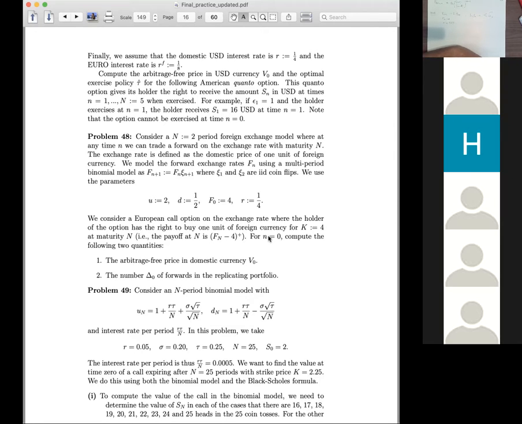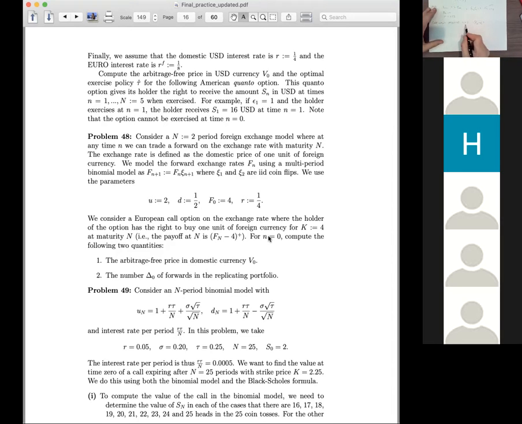And then we consider a call option. So we're going to be looking at a call option on top of this. The payoff at time N, capital N equal to 2, is just the forward exchange rate minus 4, positive part.